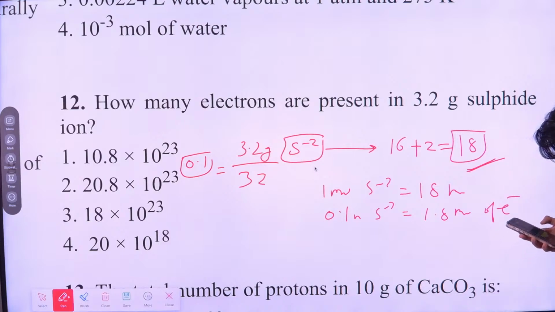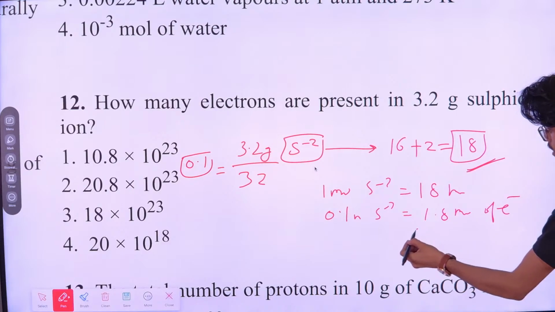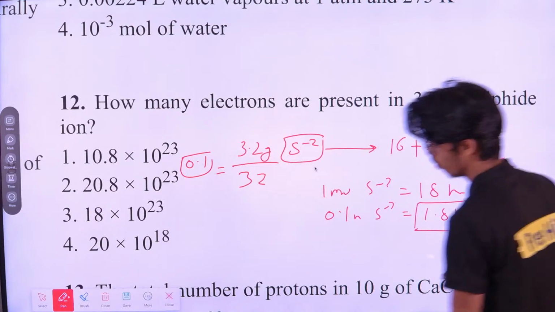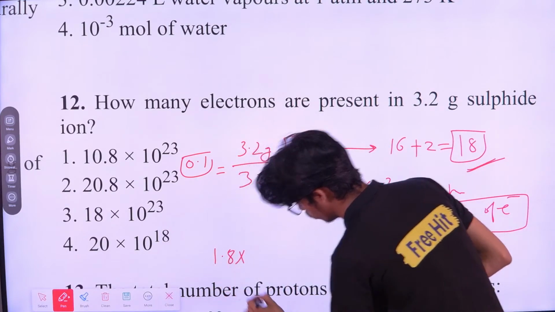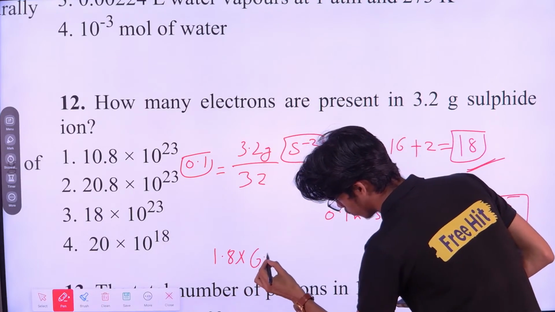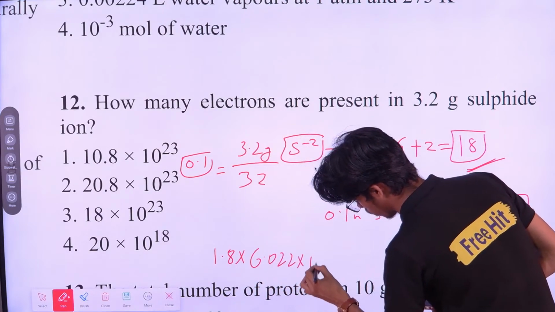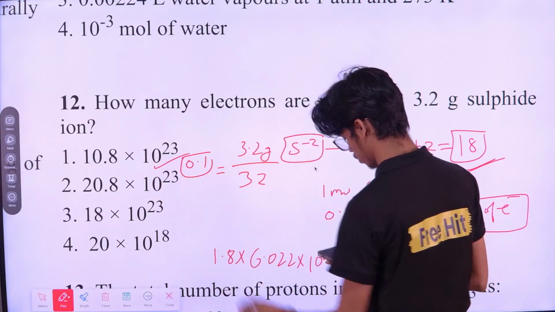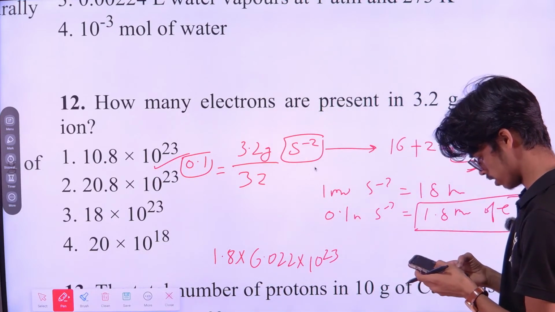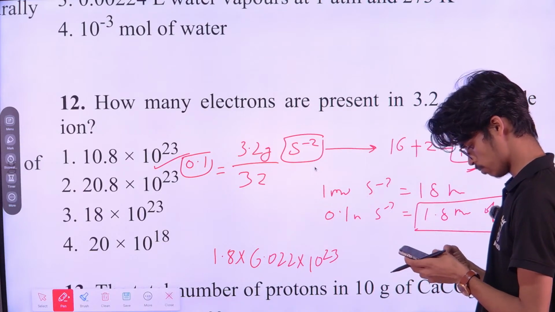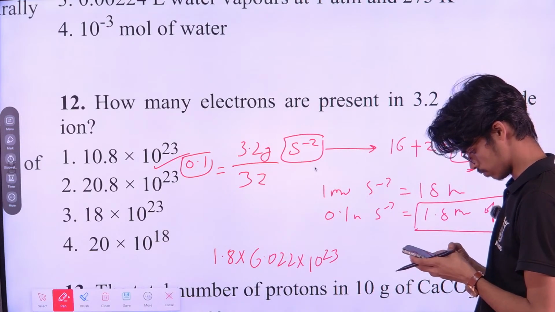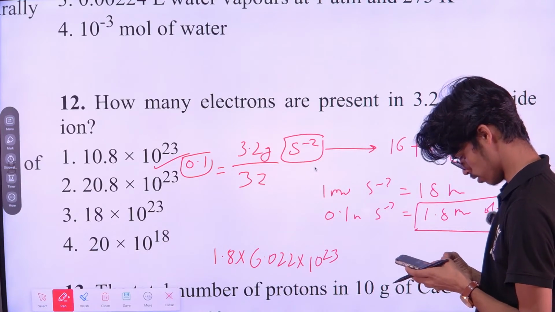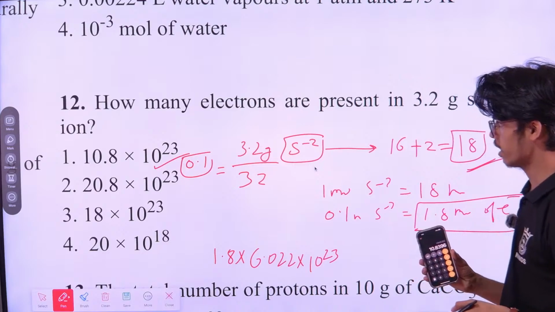I hope you are able to understand, right, Priya? And then we just have to calculate how many electrons are there in 1.8 moles of electrons. So 1.8 into the value of a mole, it is how much? 6.022 into 10 to the power 23. You multiply this with this, and 1.8 into 6.022 is 10.83.